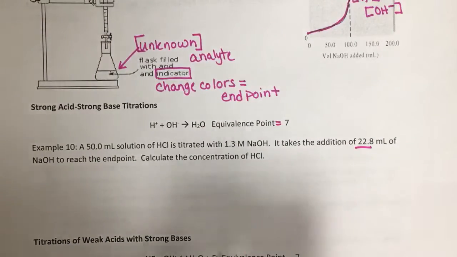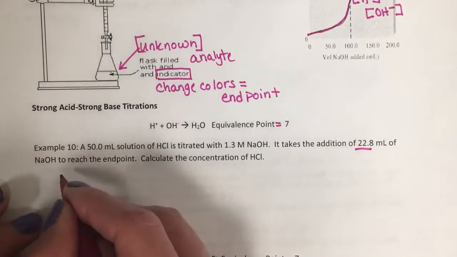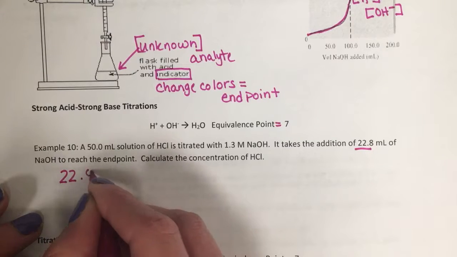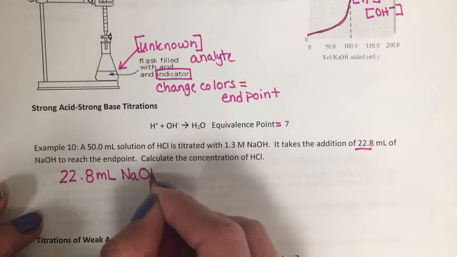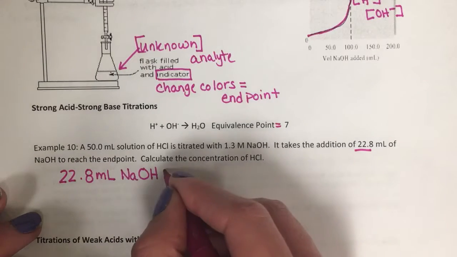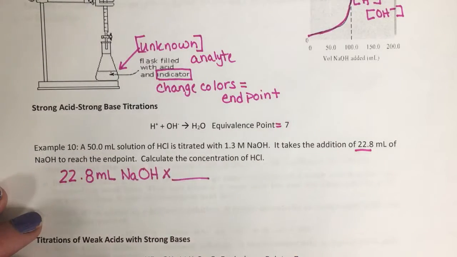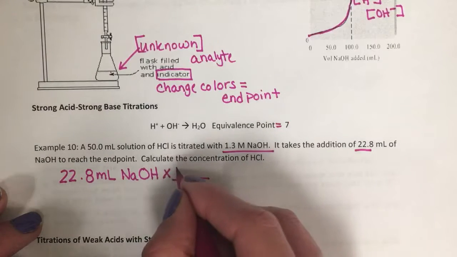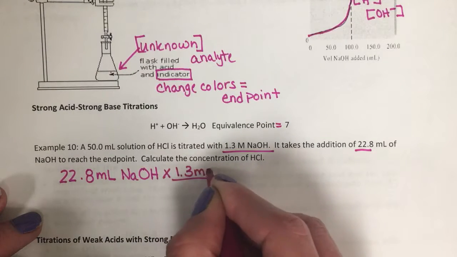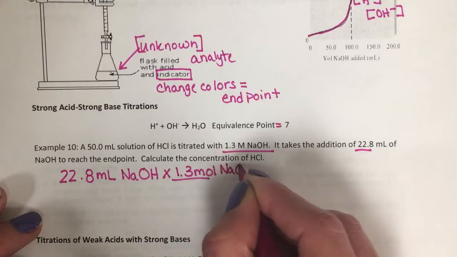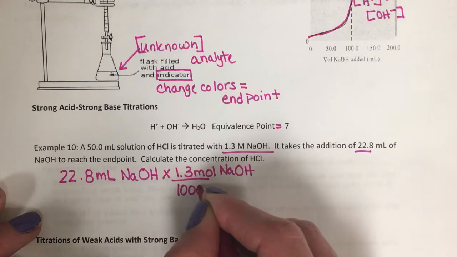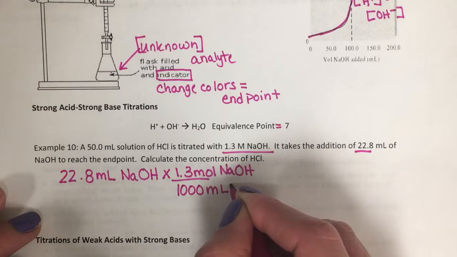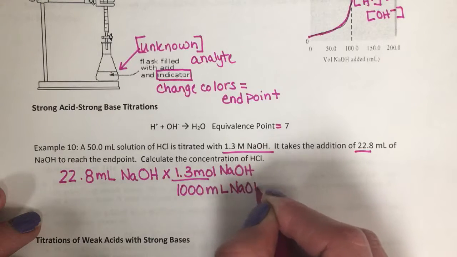I start with the one I know most about. So I had 22.8 milliliters of NaOH. I know that I have 1.3 moles of NaOH for every 1,000 milliliters of NaOH.